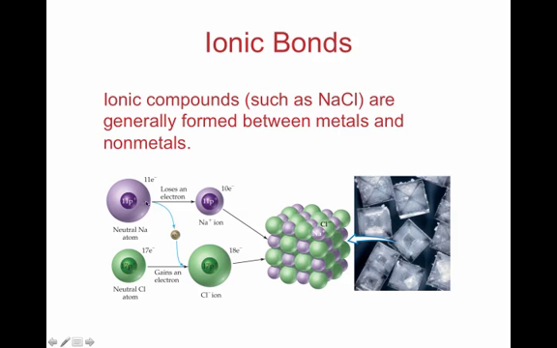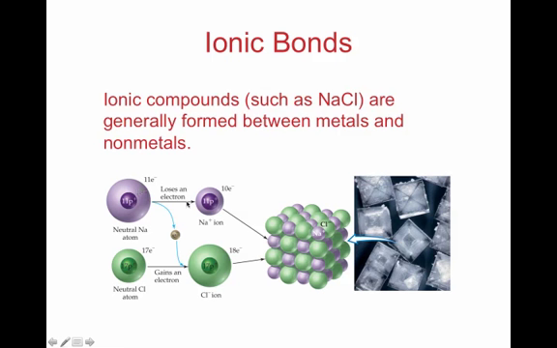In an ionic bond, the metal will lose an electron, become positive, referred to as a cation, and the anion, or the nonmetal, will typically receive that electron and become negative. And we end up with this attraction between the two.